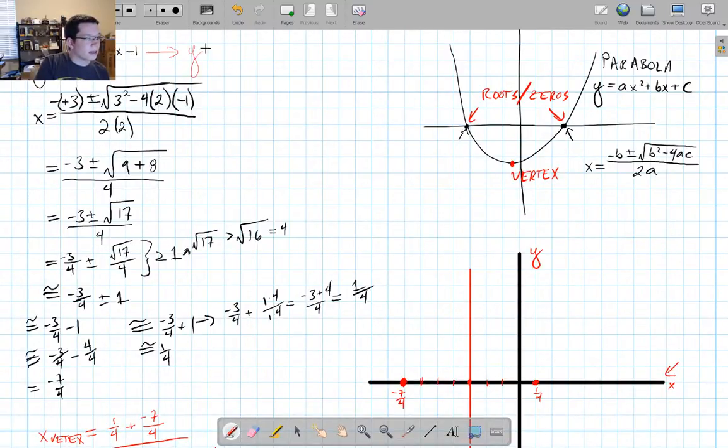So y equals 2 times negative 3 over 4 squared, plus 3 times negative 3 over 4, minus 1, which is equal to 2 times negative 3 squared is 9, 4 squared is 16, plus 3 times negative 3 is negative 9, over 4, minus 1.